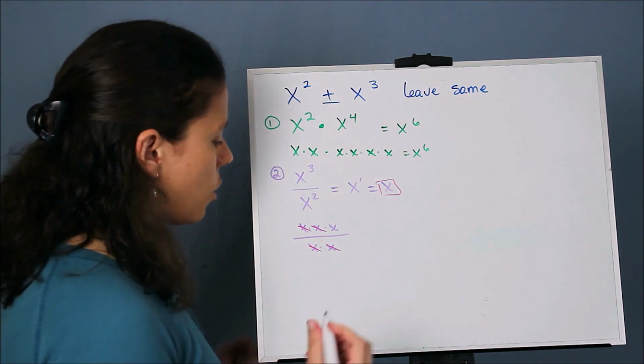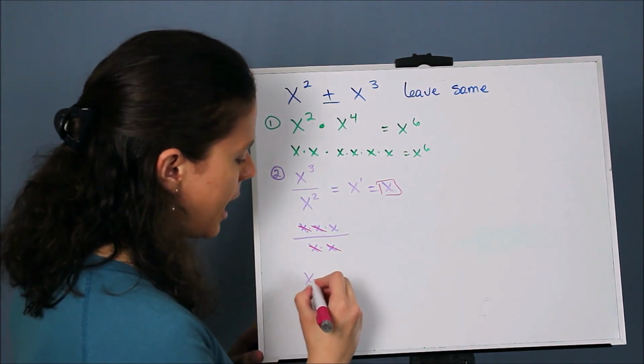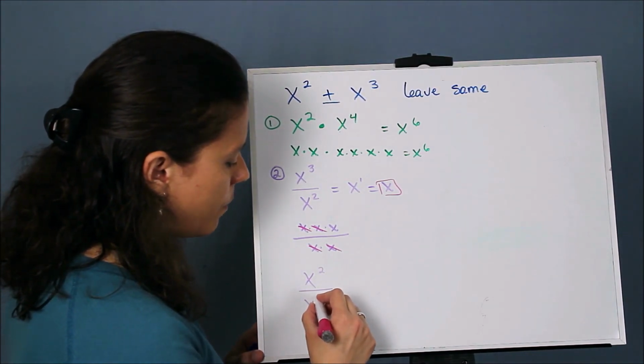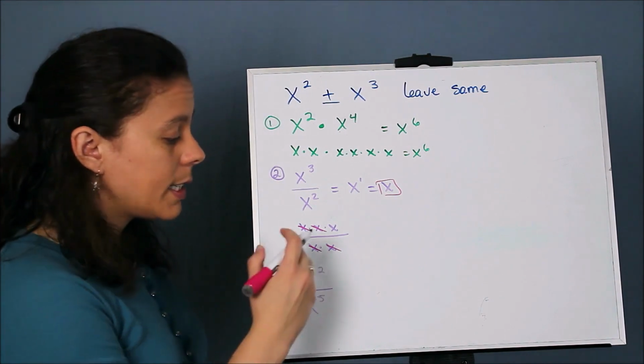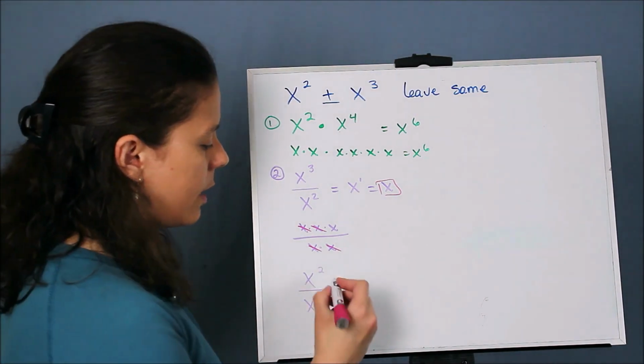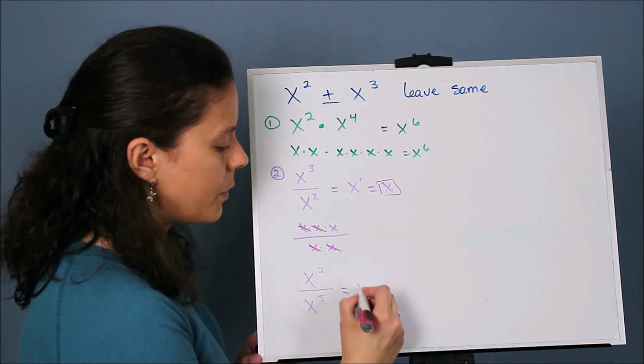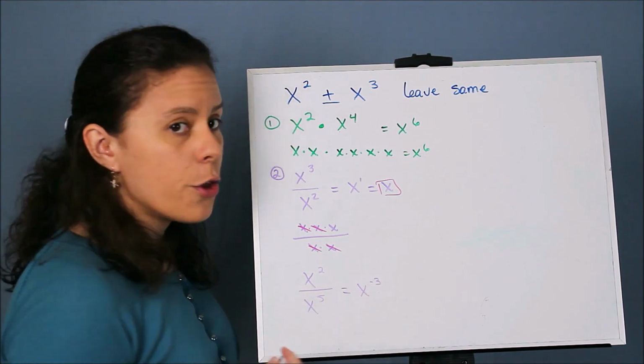Let's suppose I have x to the second power divided by x to the fifth power. It's the exact same rule. I'm just going to subtract 2 minus 5, which is x to the negative 3.